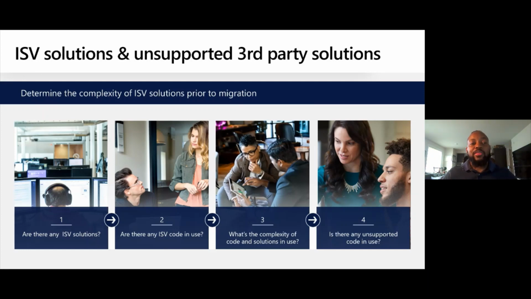Where the issues come into play is when you have solutions that are either unsupported or need some sort of refactoring. Most customers that we've worked with have some sort of ISV solution or a managed solution sitting somewhere in the on-premise deployment.